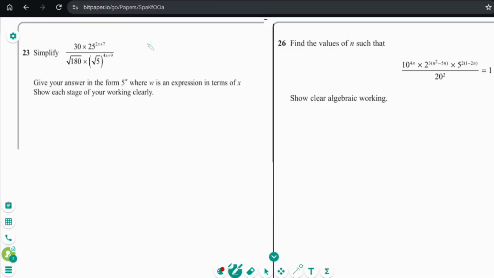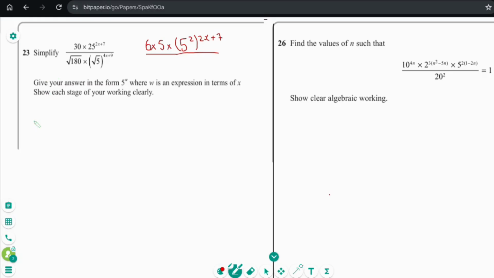Okay, right, so base 5 I'm thinking. 30 is 6 times 5. 25 is 5 squared. And then that's all to the power 2x plus 7. And then for our denominator, right, root 180. I don't want to write that as 180 to the power half because the base isn't 5.